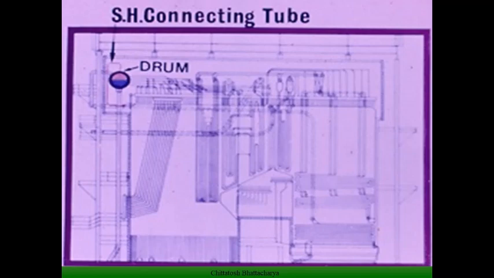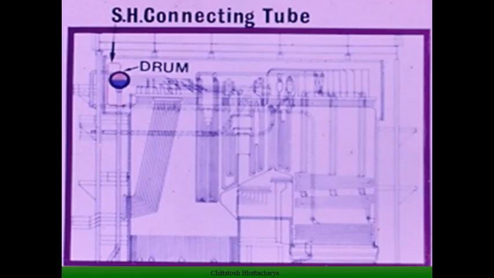From there, the primary superheated steam goes to the second stage of primary superheating, that is the platen superheaters placed within the furnace at the top of the furnace. These are called platen because they look like plates. They are clamped together and fitted with lugs.